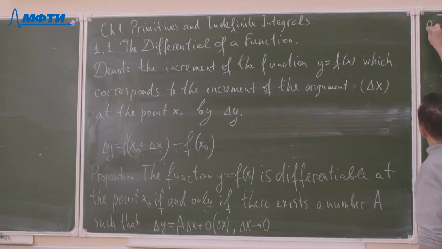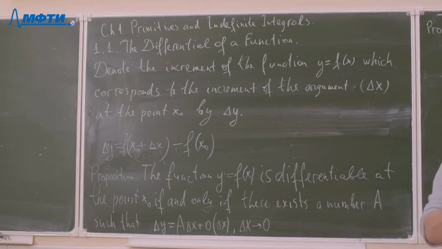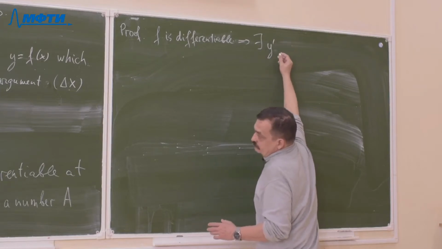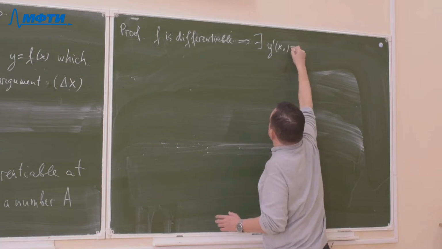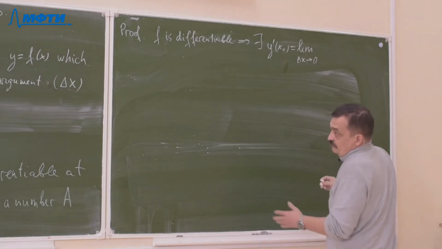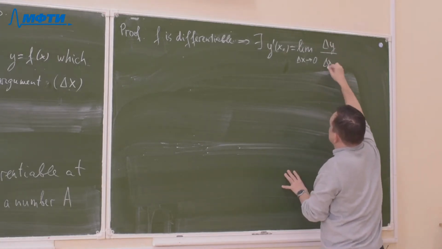So, proof. Let me recall the definition of differentiability. When is the function differentiable? The function is differentiable if there exists a finite derivative, right? This was our definition. So suppose f is differentiable. Then there exists a finite y prime at x naught, which is equal to the limit as delta x tends to 0 of, using those notations, delta y over delta x, right?